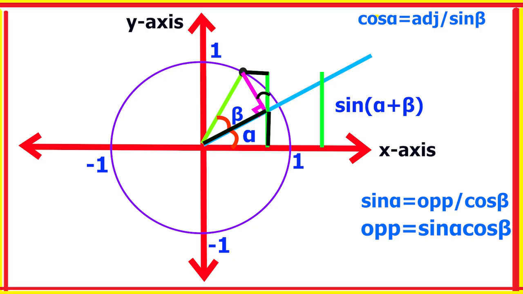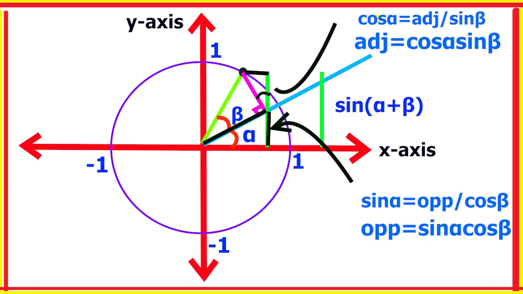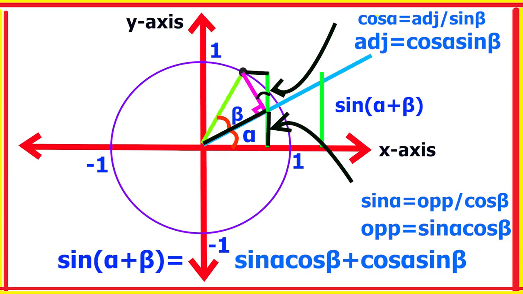Therefore, cos alpha means adjacent over sine beta, so this adjacent side is cos alpha sine beta. Now, the sum of the two lengths is sine alpha plus beta. Therefore, we conclude that sine alpha plus beta is equal to sine alpha cos beta plus cos alpha sine beta.